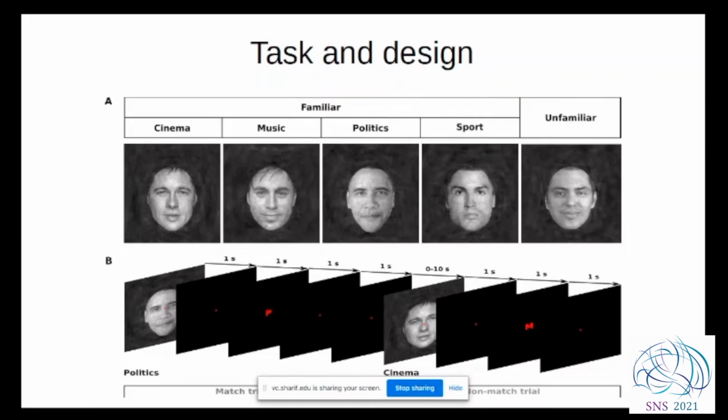But the important thing is that in each run, we presented all 40 face images. We also had some blank periods between trials with random duration, so that we could separate the events more optimally with this design.